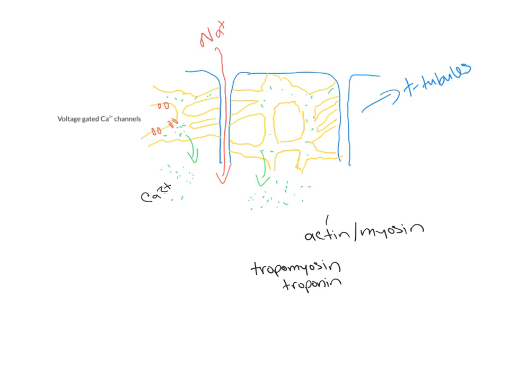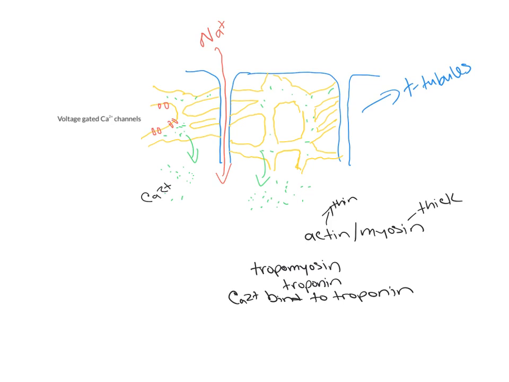So remember, this was our thin filament, and this was our thick filament. And what's going to happen next is that calcium is going to bind to troponin. And I had mentioned that before. And calcium is going to bind to troponin.